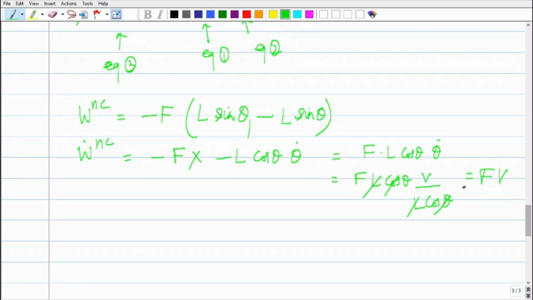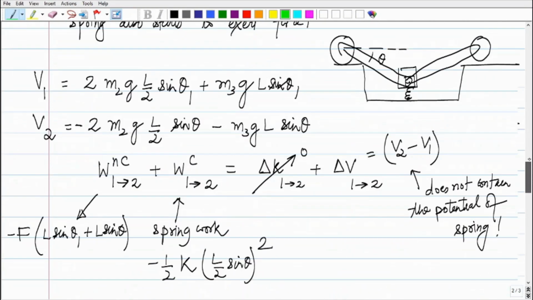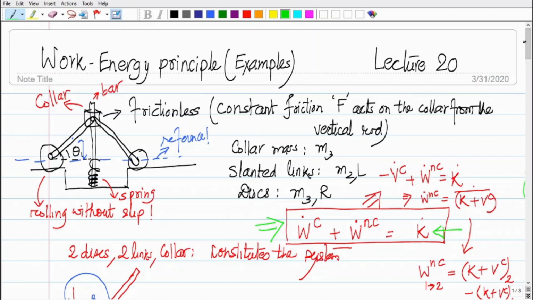Okay, I think we are missing a minus sign somewhere, so you can figure it out. Why do I say we are missing a minus sign? Because you can also get directly the power of the non-conservative force. The non-conservative force here is nothing but the friction, and the velocity of the collar is V. So friction is acting on the collar, so the power by that friction is simply minus of force F into velocity of the collar going down, right?